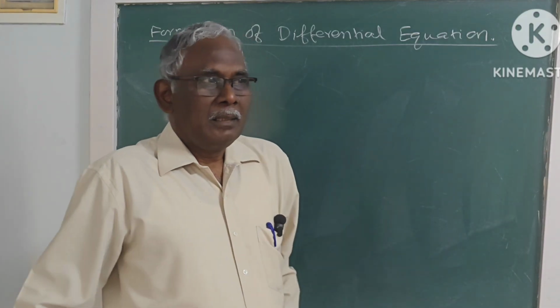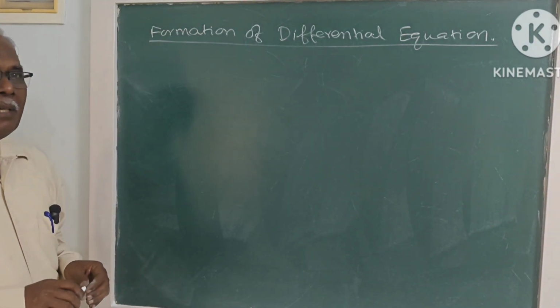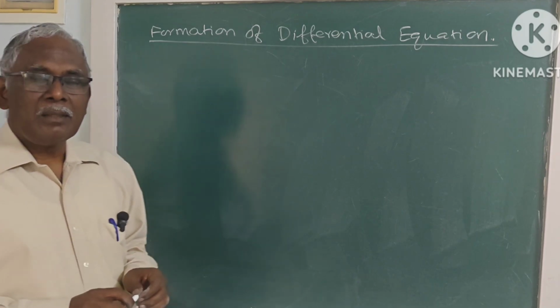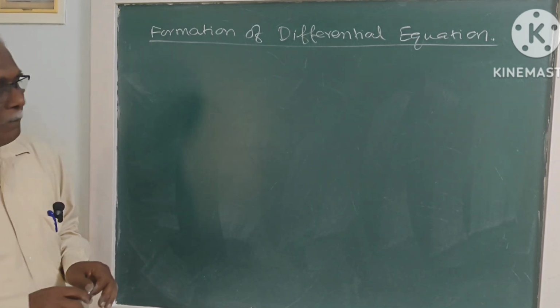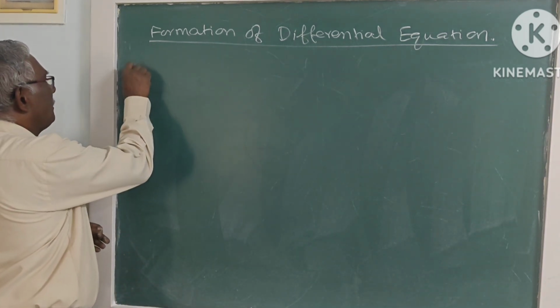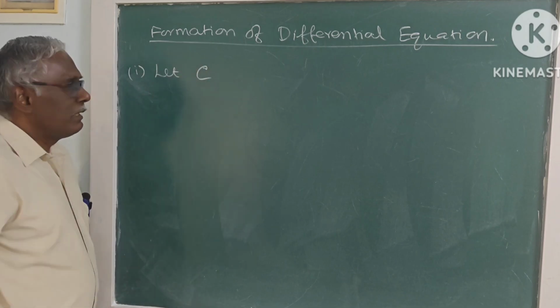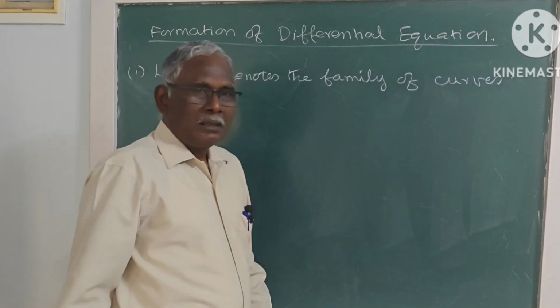We have to get the equation of family of curves under the given condition. Then we have to say how many arbitrary constants are there. That many times we have to differentiate. And then we have to eliminate the arbitrary constants. Let C denote the family of curves.